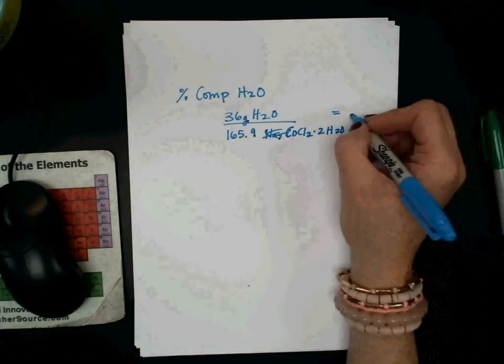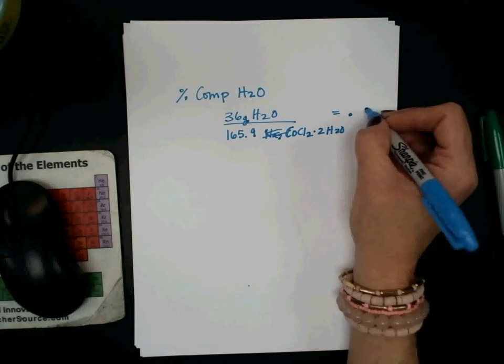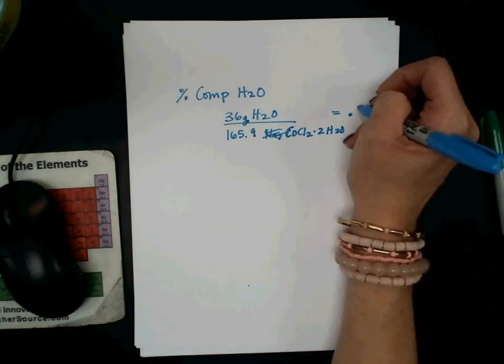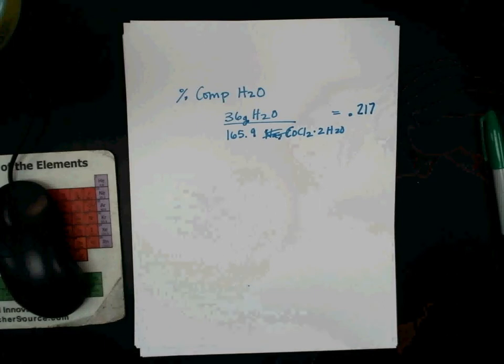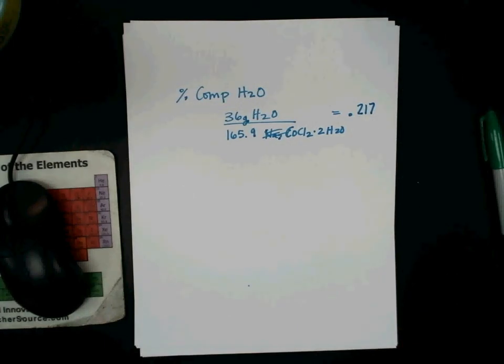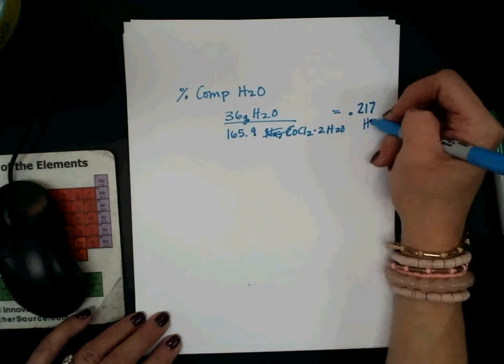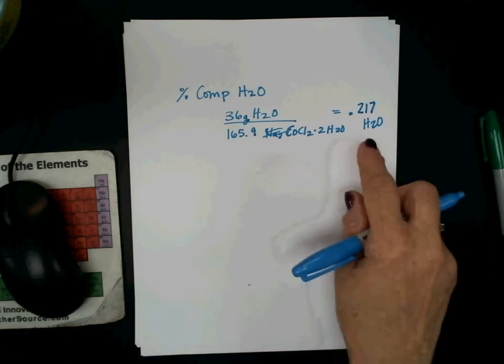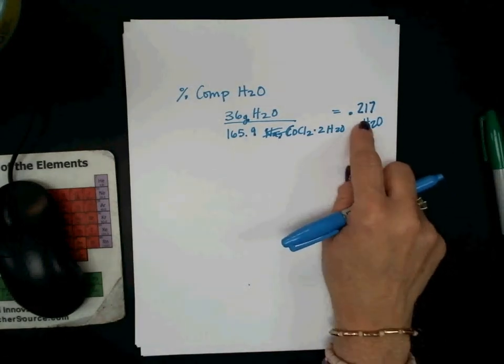So that equals what? I'm going to say 0.217 composition water. And I'm not going to bother with multiplying by 100 because I just have to turn it back to use it again. So now I know what percent of the whole is water, right? Does that make sense to everybody?